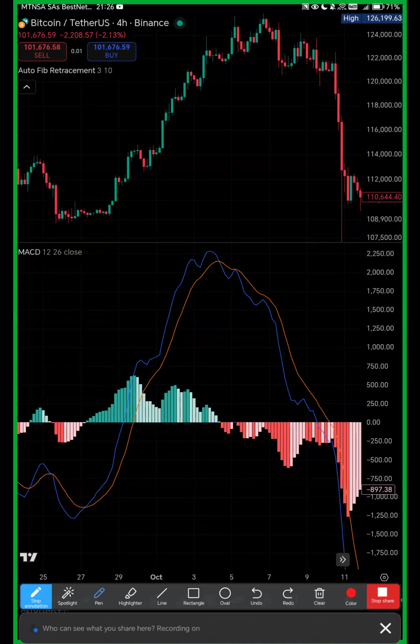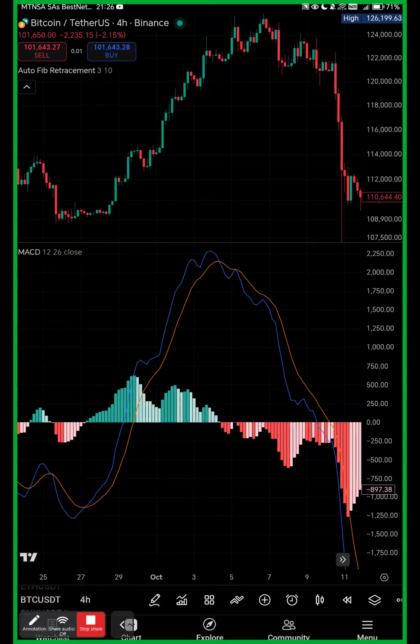So you need to know that with a crossover that happens above the zero line, sometimes the price may pump. That's why when you go to RoyalQ and set your MACD indicator, RoyalQ by default gives you a golden cross that happens above the zero line.